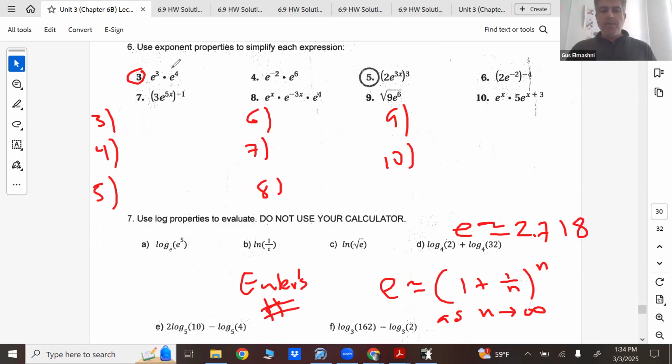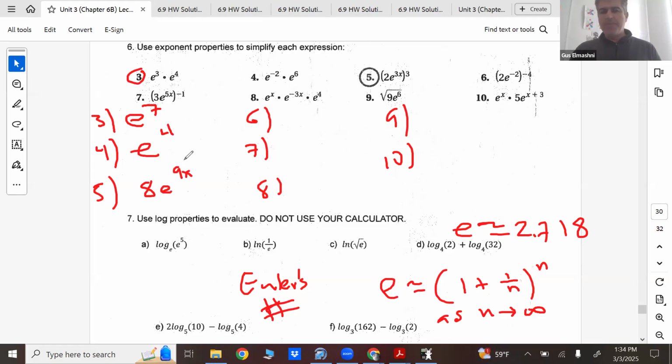But for this one here, if you have e^3 times e^4, that's just e^7. Don't overthink it. Just use the properties of exponents. So with that said, what do you think is true for number 4? Number 5? Good. It'll be 8e^9x.